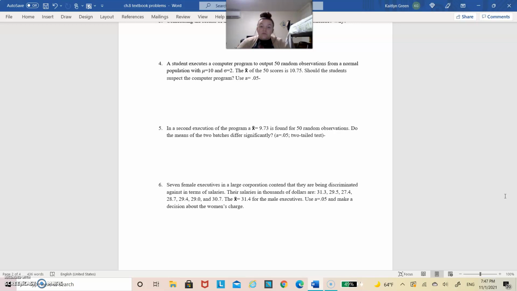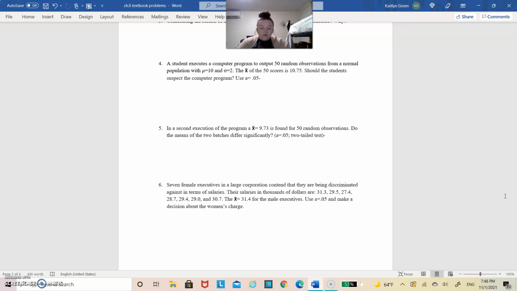And I took that and put that in the correct Z equation, with 10.75, which is our mean from the first program round, subtracting 9.73, which is supposed to be the correction round, to get 1.02, divided by 0.4 to get a Z cal of 2.55.